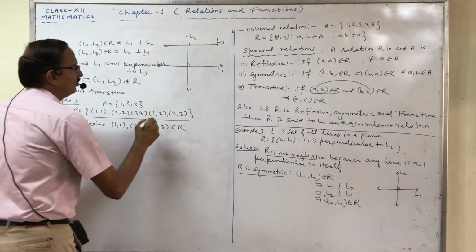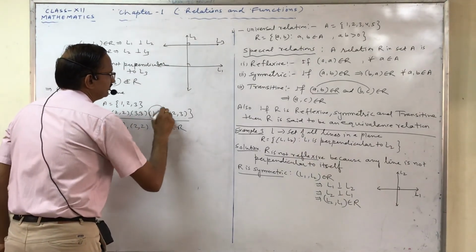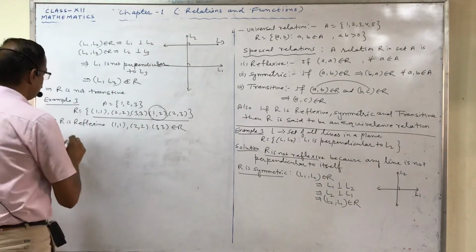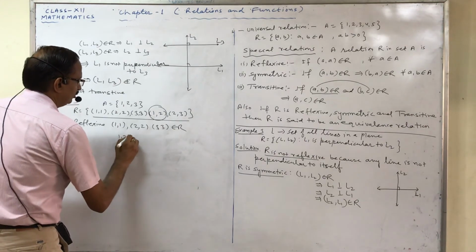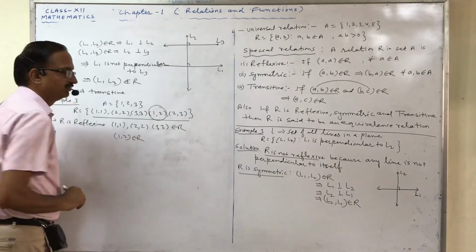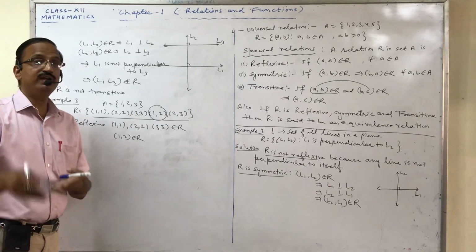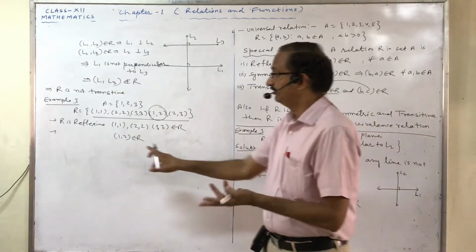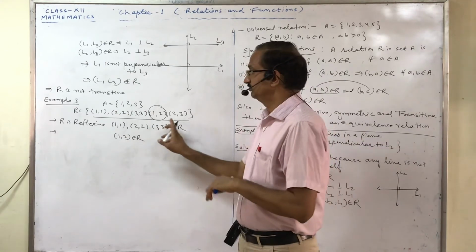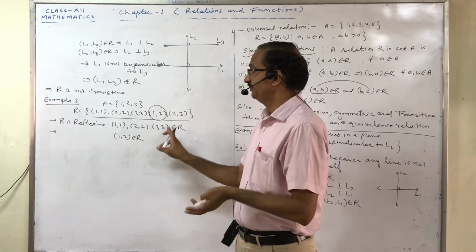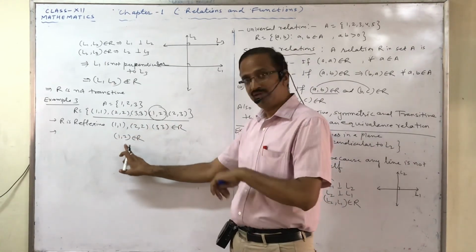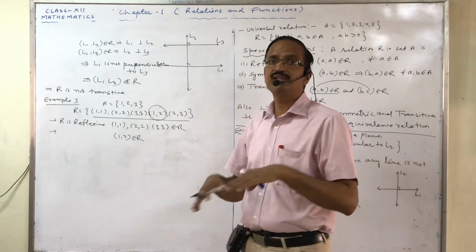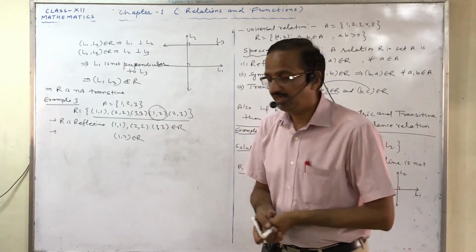So here, look at this element, (1, 2). (1, 2) belongs to R. Check whether (2, 1) is also related to R. 1 is related to 2. Is there any ordered pair which gives the relation between 2 and 1? No. It means R is not symmetric.